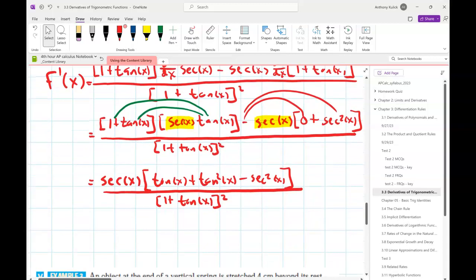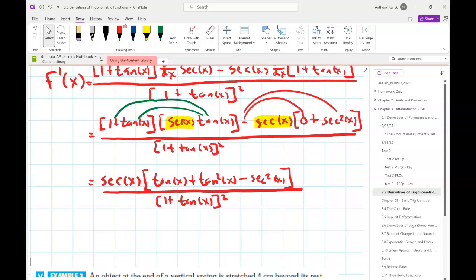That's looking a little better there, but I don't like this tan x plus tangent squared minus secant squared part. I'd like to do a little bit better there. What can I do with that? I could, but what else can I do with secant squared? I could turn it into 1 over cosine squared. Yeah. By the way, cosine squared, not just 1 over cosine.